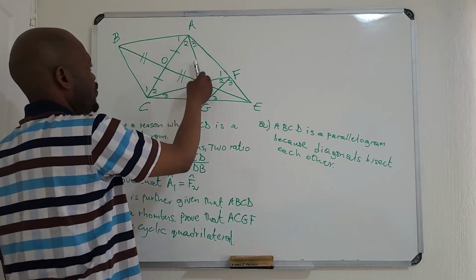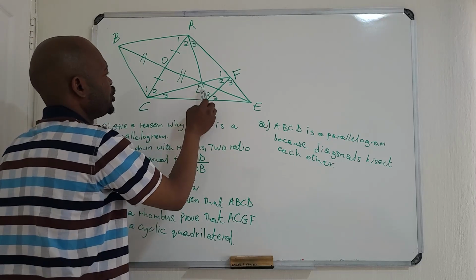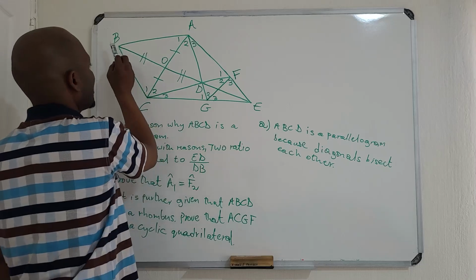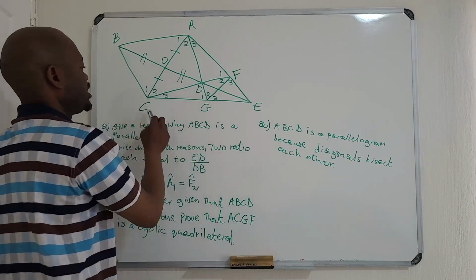Therefore DG is parallel to BC in triangle EBC.